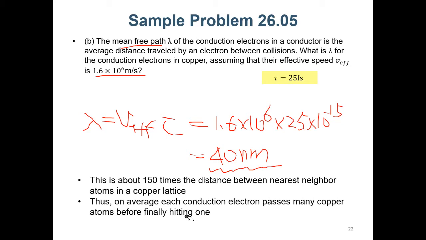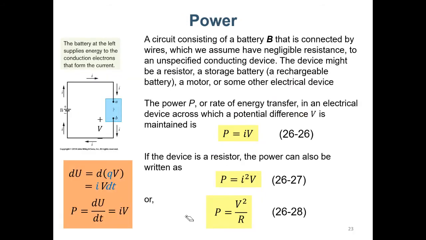The nucleus only occupies the inner part, so the electron can pass through 150 atoms on average. But it's just an approximation, so this 150 isn't really important, I think.